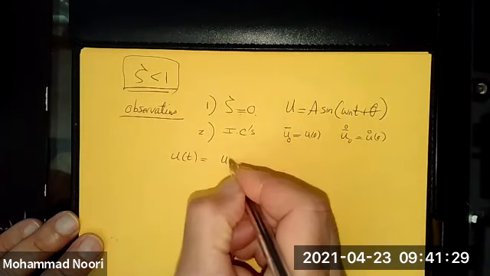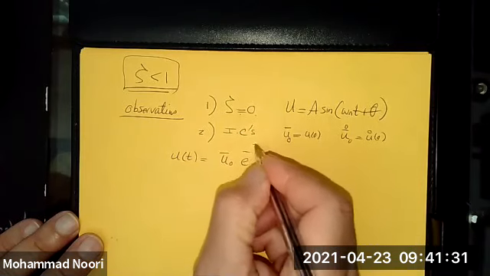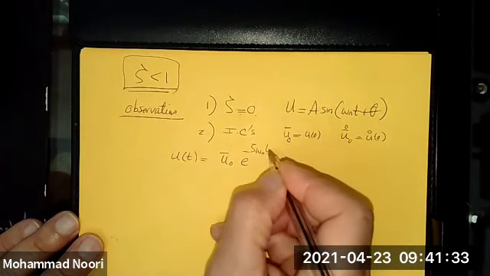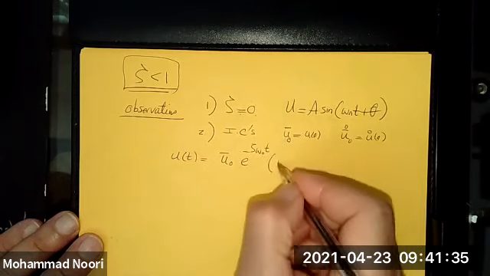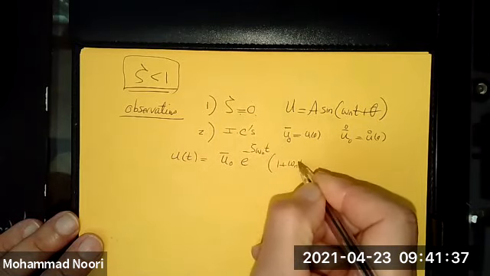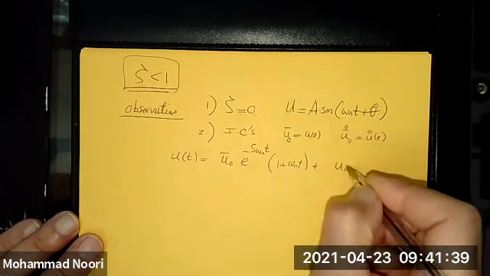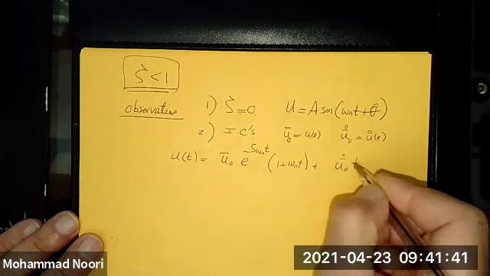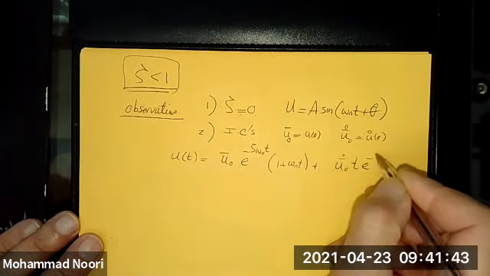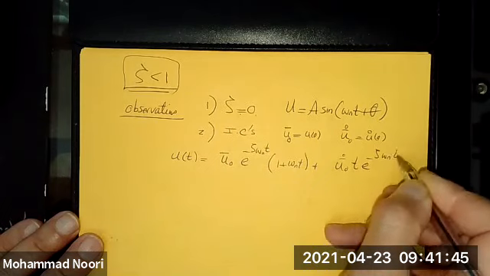This is another form of that: e to the minus zeta omega n t times 1 plus omega n t times u naught plus u dot naught t, e to the minus zeta omega n t, okay?